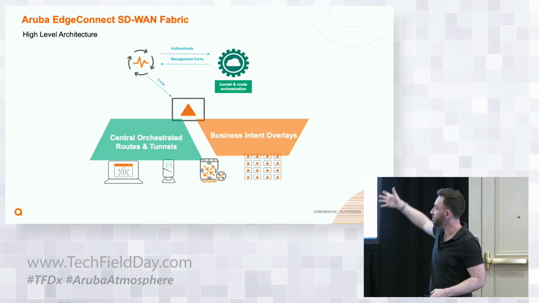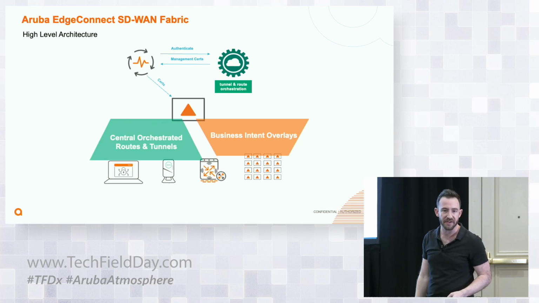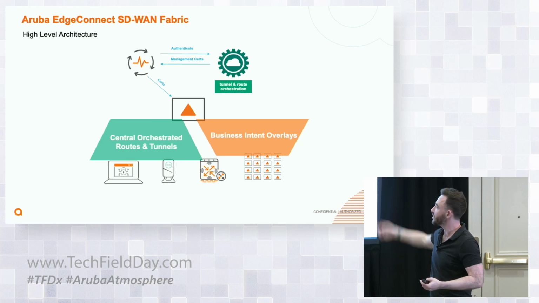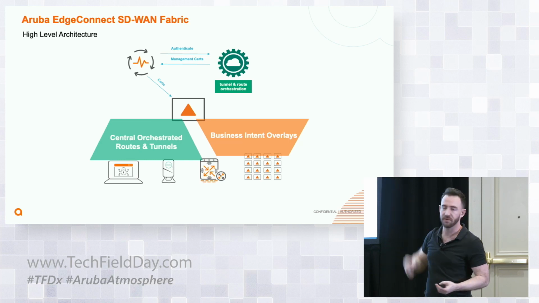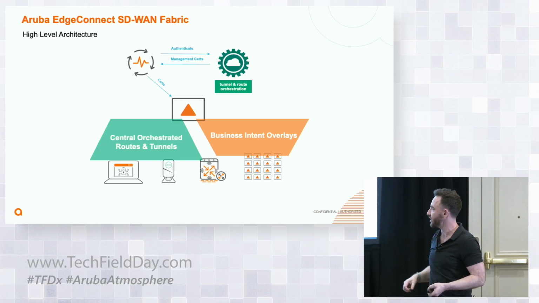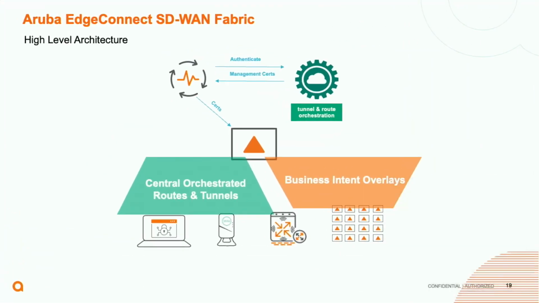And then Aruba Central is able to push out tunnel config and exchange routing updates at regular frequencies, and the enterprise appliance receives that tunnel config and builds tunnels out to the various form factors. And obviously Central is also continuing to do what it does today and providing that same orchestration for AOS 10 devices.